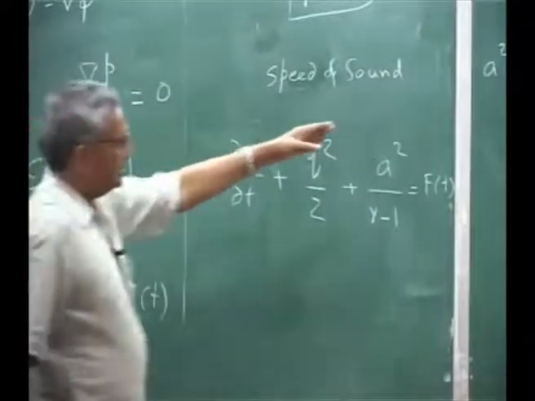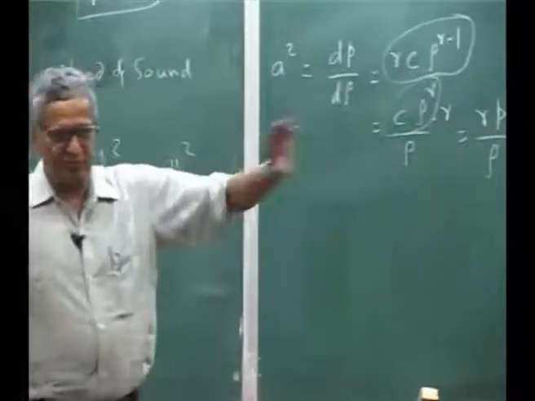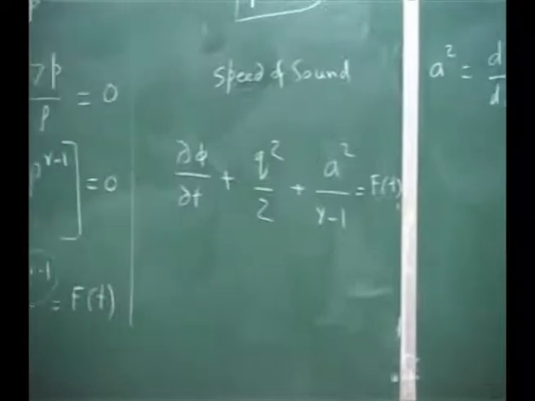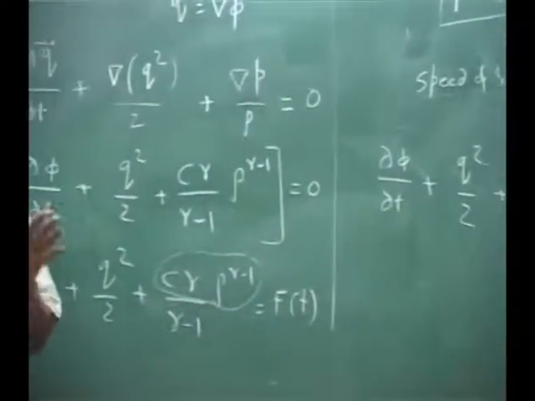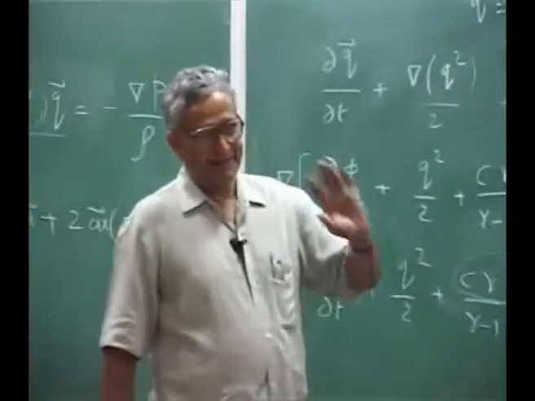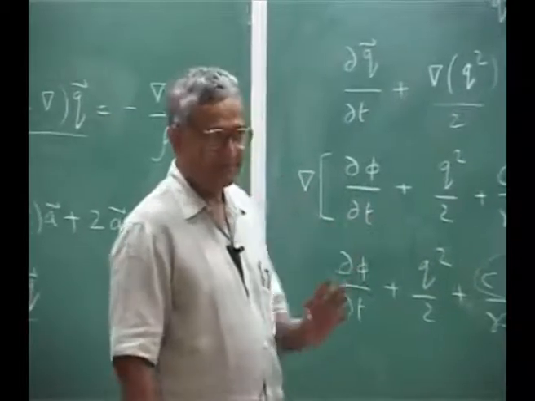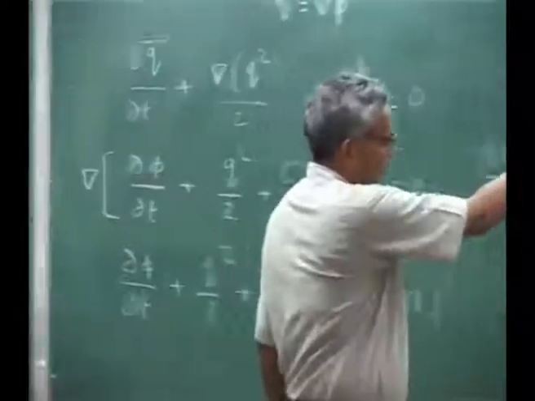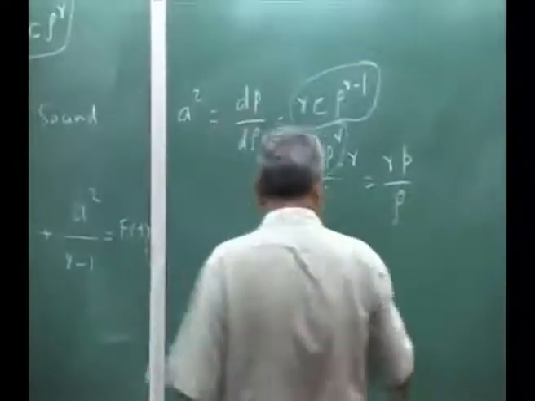Because this part dp by d rho, you can prove it. That is also from momentum theory and basically continuity. Simple. You can show a one dimensional problem. If you write it, you will get the speed of sound is this.